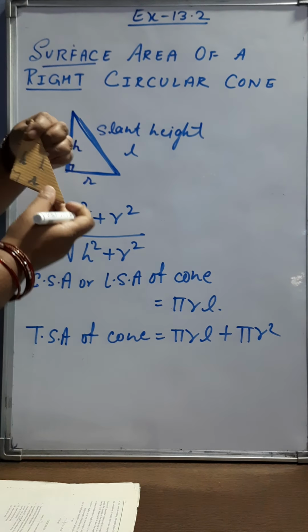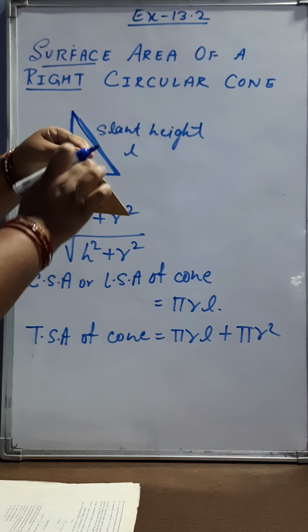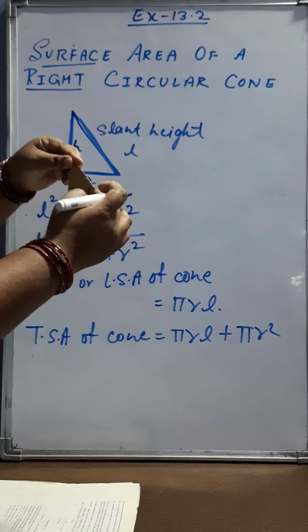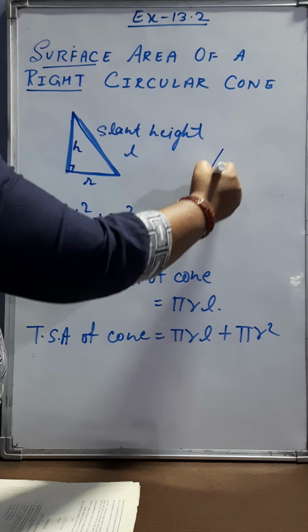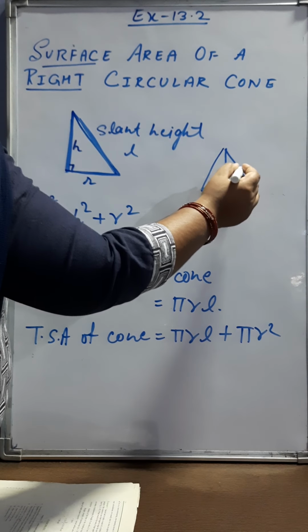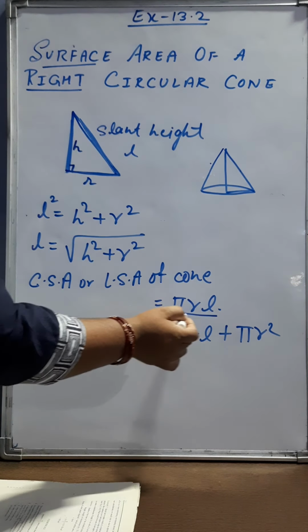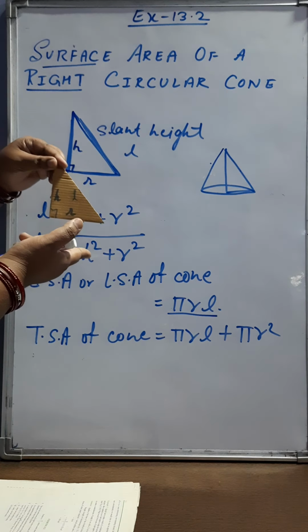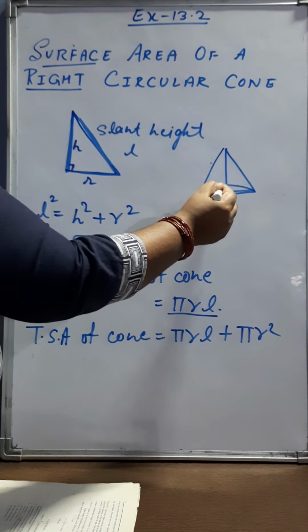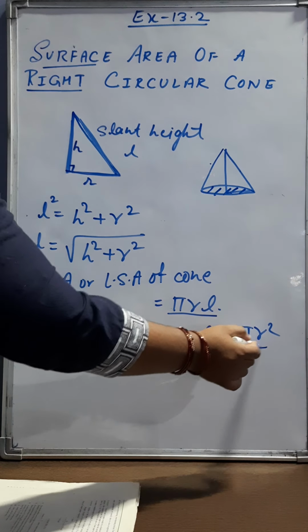This pi r L, when you are completely revolving the right circular cone, you can see this line is making a structure which is like a birthday cap, like this. So curved surface area, which is 3D shape, its area is pi r L but total surface area of base also included. So base is in the form of circle. So pi r L plus pi r square.